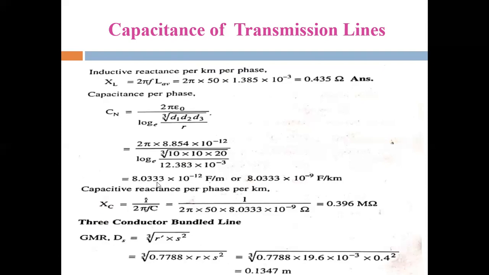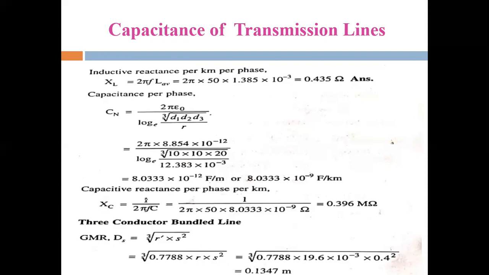Capacitance is 8.033 into 10 power minus 12. Milli means 10 power minus 9. Then we obtain 0.396 milli ohms. This is the capacitive reactance per phase per kilometer.